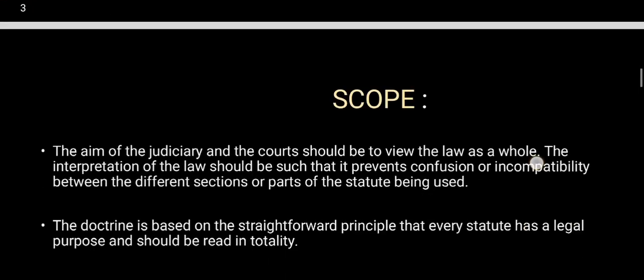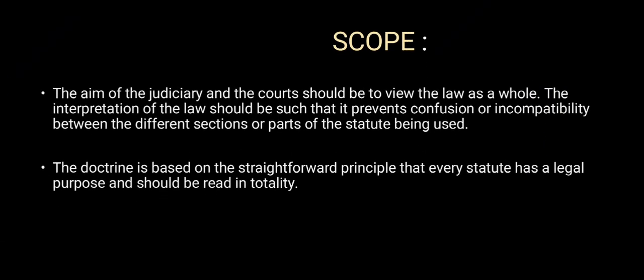Let's go through the scope. Basically, the meaning and the scope of this doctrine is to give transparency to both the parties and both the provisions, and to avoid confusion regarding such perspectives, as everyone has their own point of view and every perspective is important. In front of the court, the judiciary, and society, everyone has their own view.